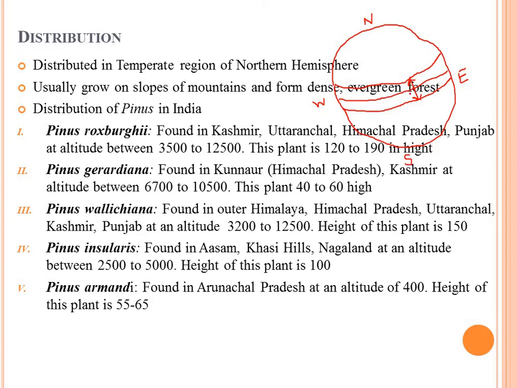This is the tropical region where temperature is somewhat more than the other regions. Then outside this tropical region, the temperate region is there on both sides. From the tropical region to the northern hemisphere and from the tropical region to the southern hemisphere, this part is known as the temperate region, and temperature here is less than the tropical region.